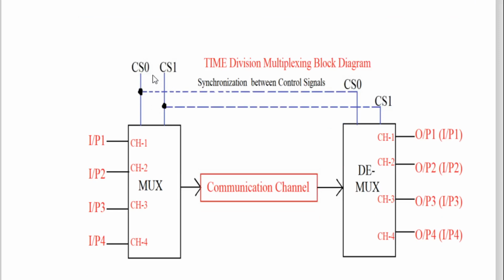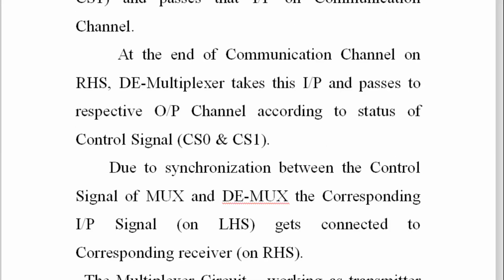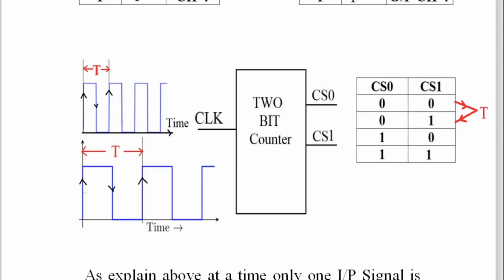Therefore when it remains in, suppose, the 01 state for a long time, then input number 2, information number 2, is communicated on the communication channel for a long time, and accordingly you can decide the time period. Now the question comes here.